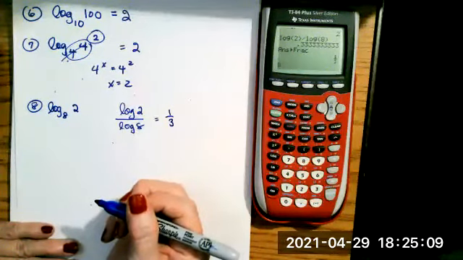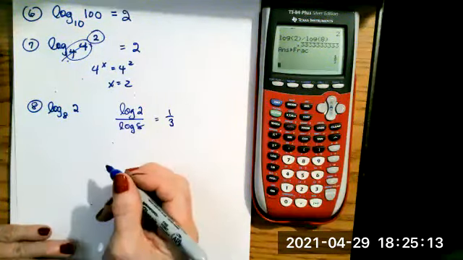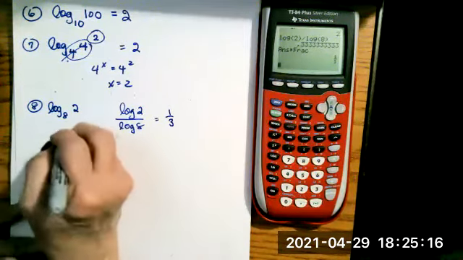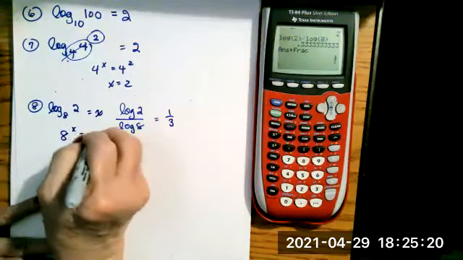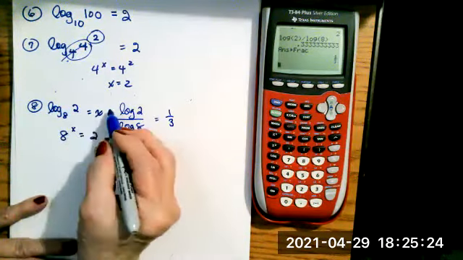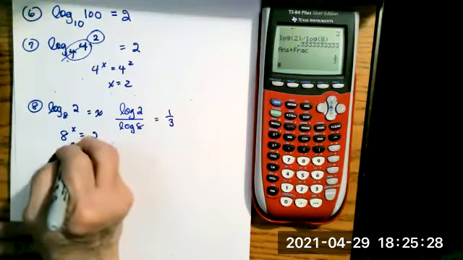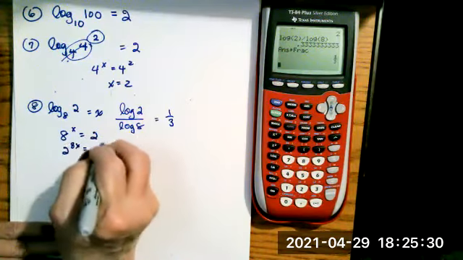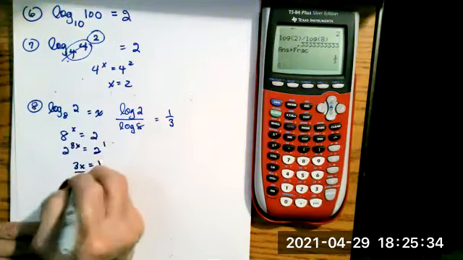Let's see. You could put it in the math and it'll give you that decimal as well. You could do 8 and make an X out here like we did when we did these. 8 to the x equals 2. That's changing it to exponential. This would be 2 to the 3x equals 2 to the first. 3x equals 1.